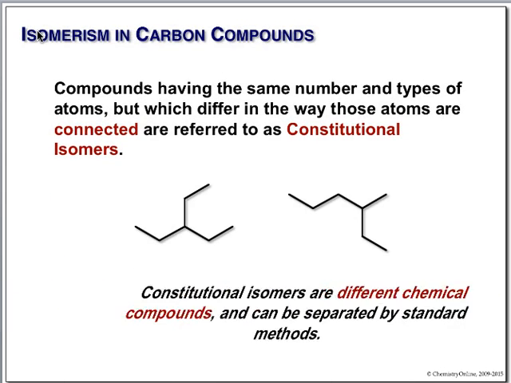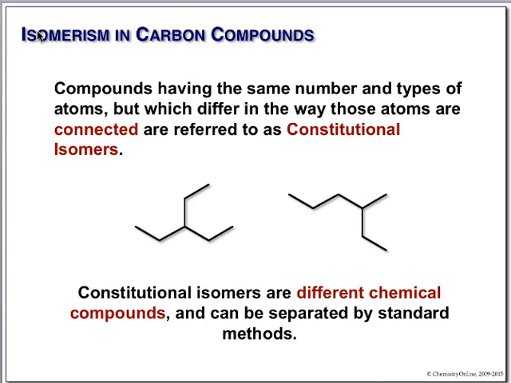The other type of isomerism that we're going to talk about today, aside from conformational, is constitutional isomerism. Constitutional isomers, because they're isomers, will have the same numbers and types of atoms, okay? But the difference between conformational and constitutional is that these are arranged differently.